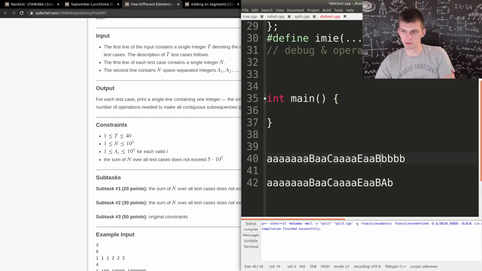When there is some new character, we can switch to always using this character, except for every third position. And there is also this A here.